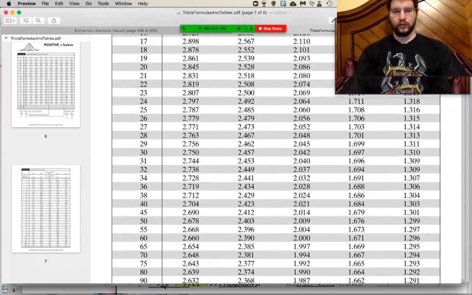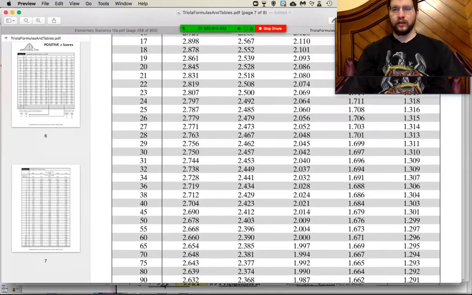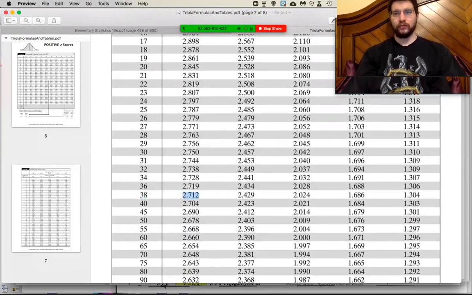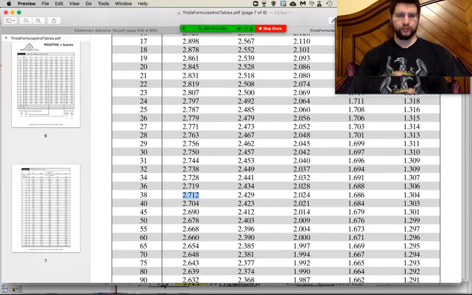Well, it really doesn't matter, but let's just go to the lower number always. That'll be safer. If we go to the lower number, it has a bigger critical value, which would mean that the data would have to be more extreme for us to reject the null or fail to reject the null.